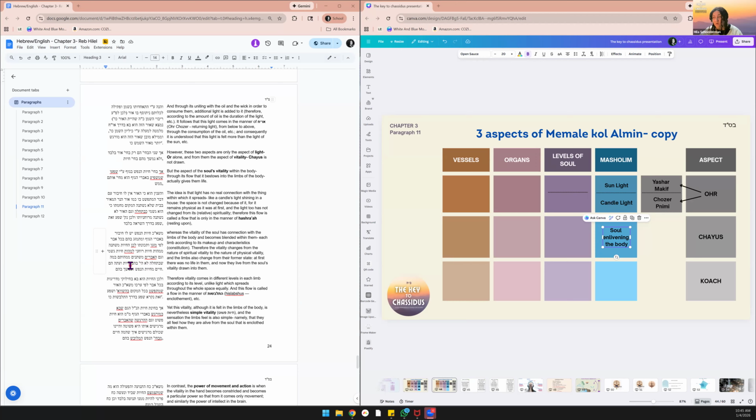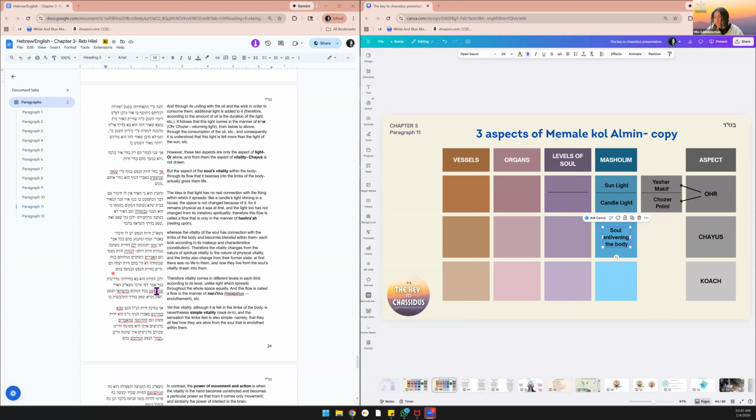At first, there was no life in them, לא היה בהם חיוס, ועתה הם חיים. Now they are alive. מחיות הנפש הנמשך בהם. And why are they alive? Because of the chayus, the life force of the soul that is being drawn down into them. So that's why we need to have such a mashal.